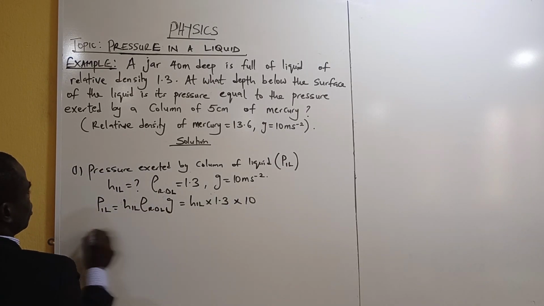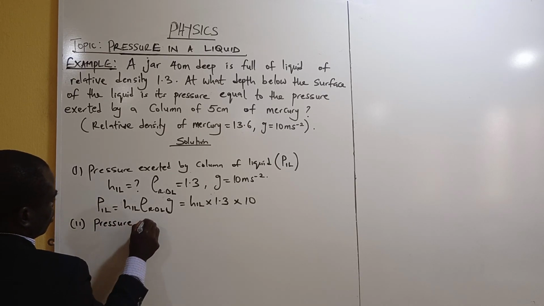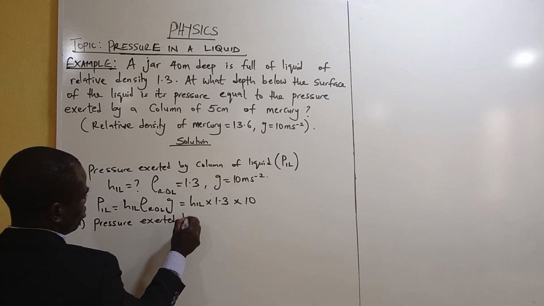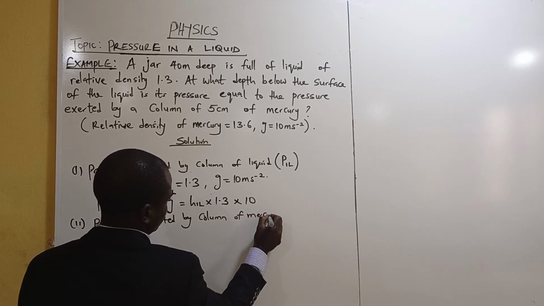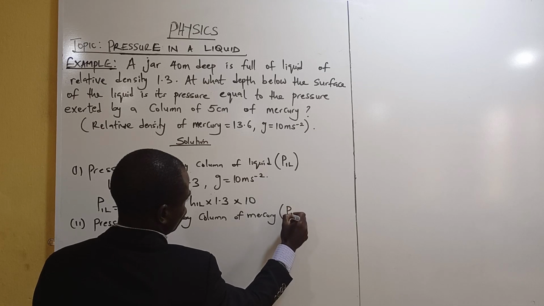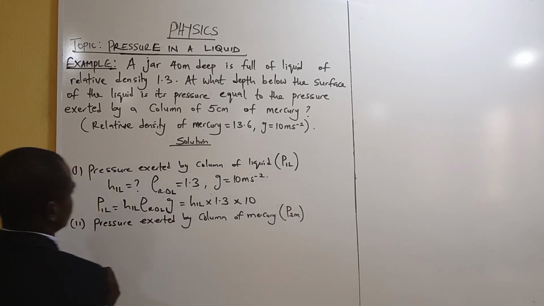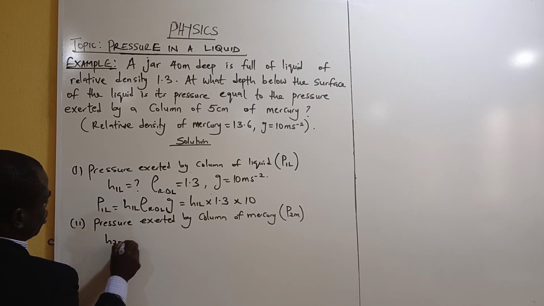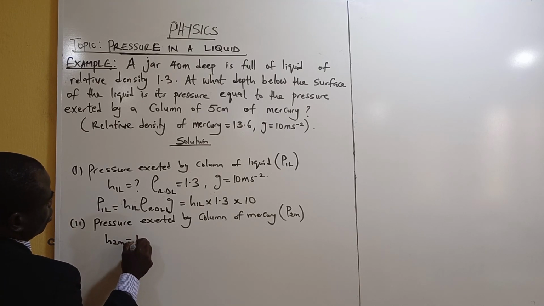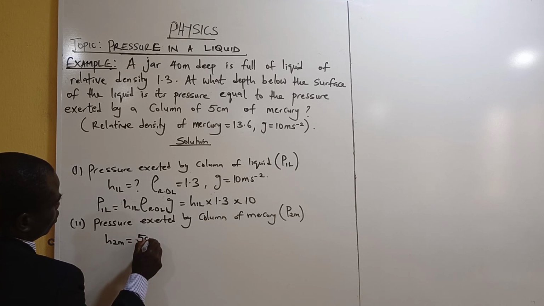Let's go to the second one, which is the pressure exerted by the column of mercury. Let's put it as P2M. Now you have the column, H2M, that is the height of the mercury, which is 5 centimeters.